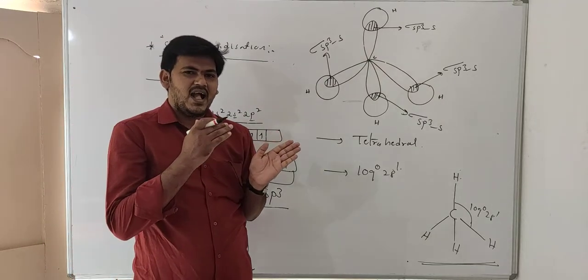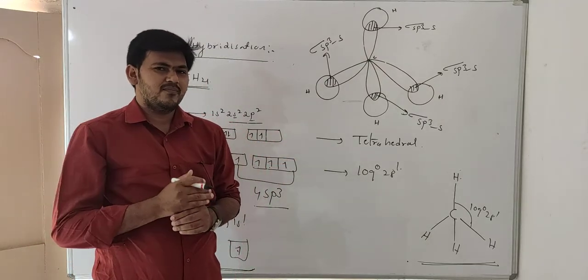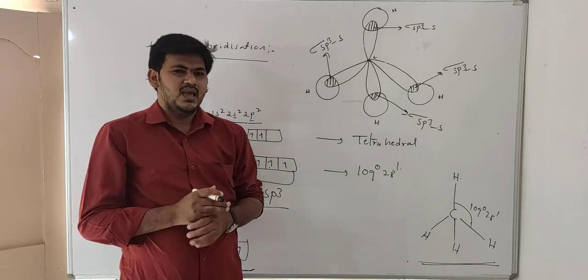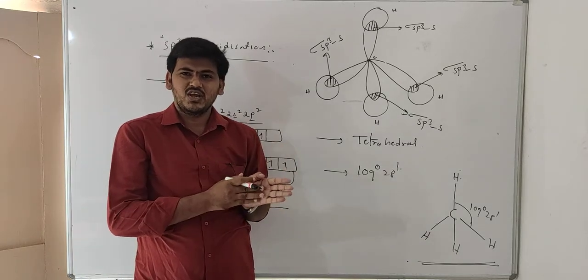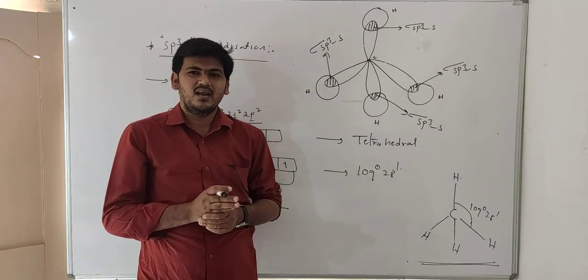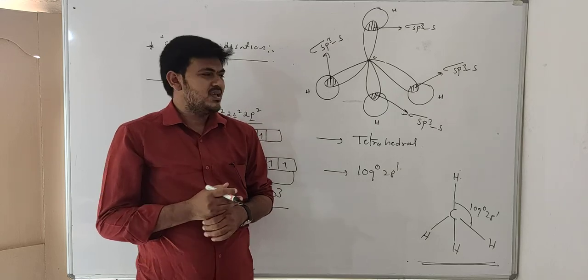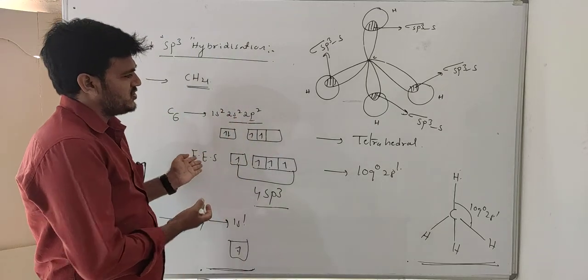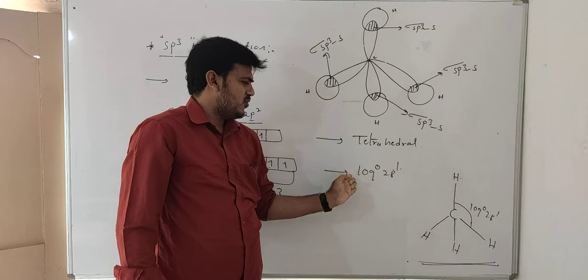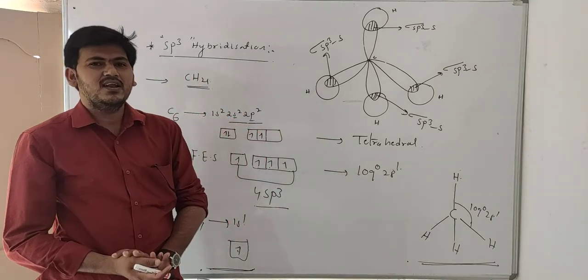In sp hybridization, the shape of the molecule is linear and the bond angle is 180 degrees. In SP2 hybridization, the shape is trigonal planar and the bond angle is 120 degrees. In SP3 hybridization, the shape is tetrahedral and the bond angle is 109 degrees 28 minutes.